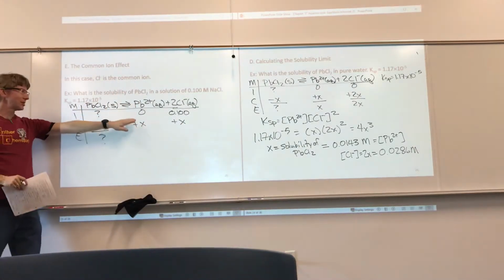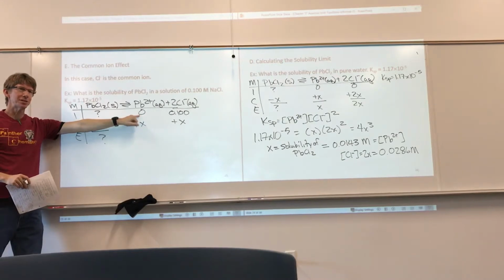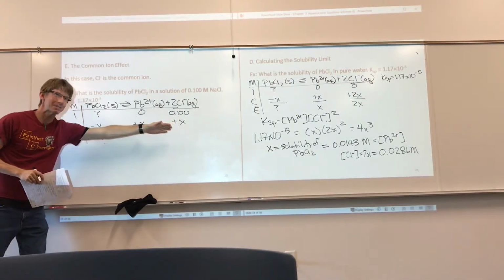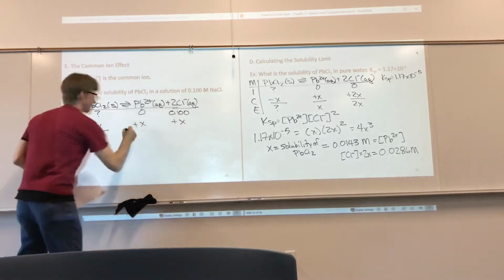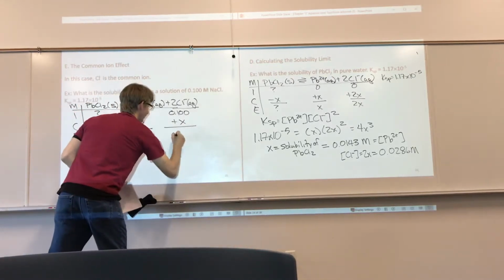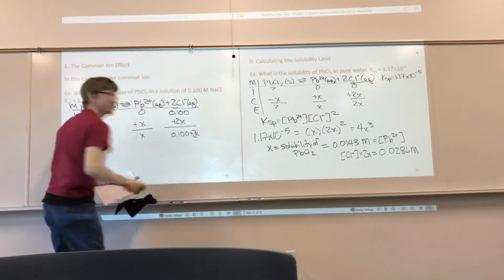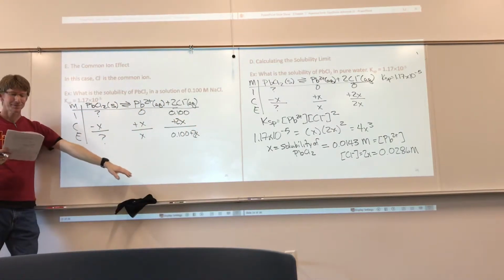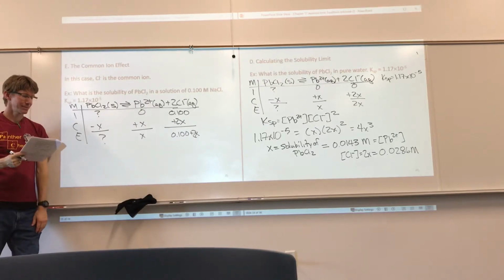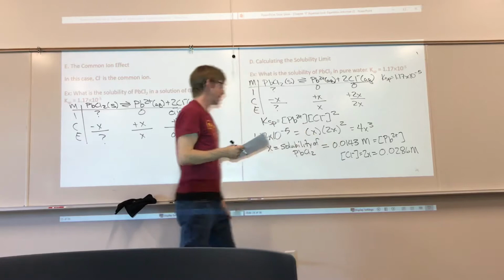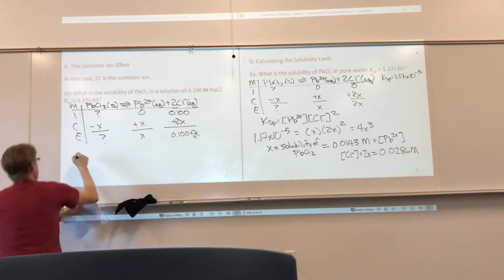Your ice table knowledge definitely helps you because you still see that 0 there. You still know the reaction must go to the right. Plus 2x, thank you. And now we're going to plug in the same kind of thing, except we have a different term for chloride.